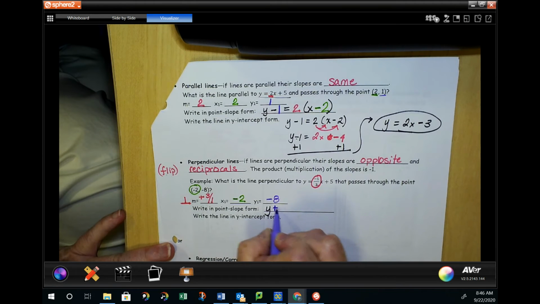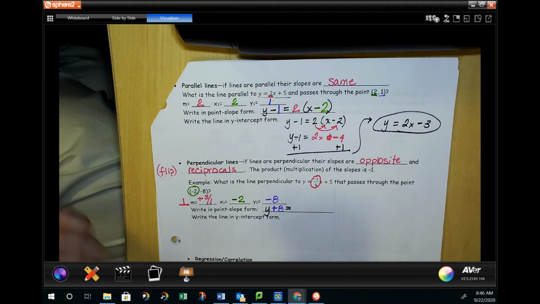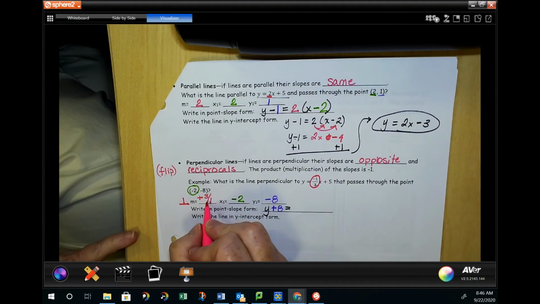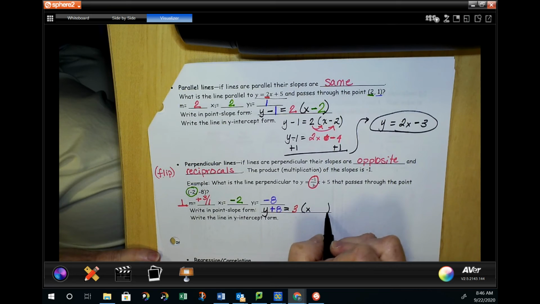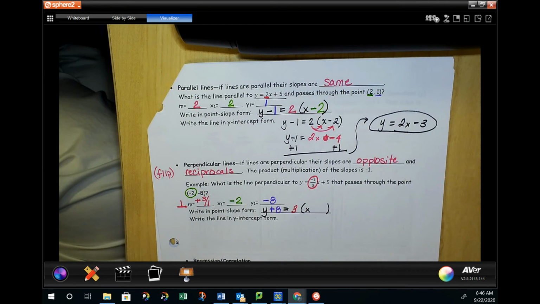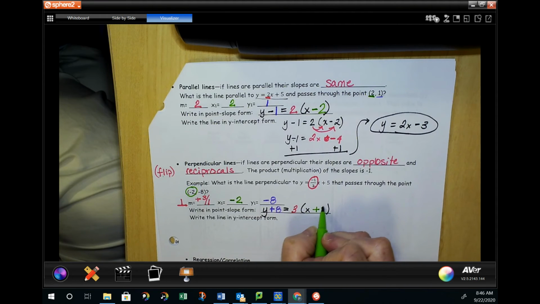So that's going to be positive 8 equals, and then you have your slope. Your slope in this case ends up being 3 over 1. I'm just going to put 3. And then you're going to have x, and then the opposite of x1. Well, the opposite of negative 2 is plus 2. So that's writing in point slope form.